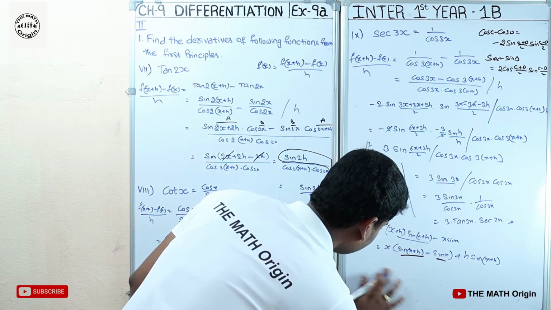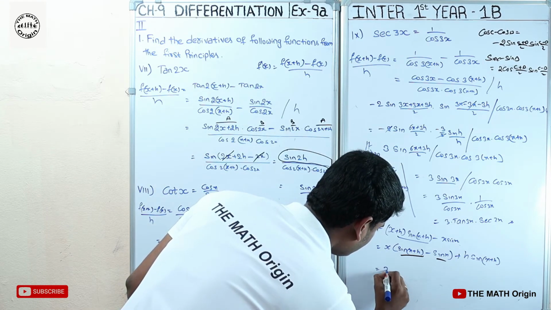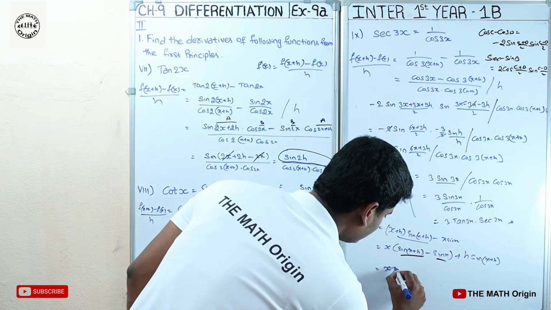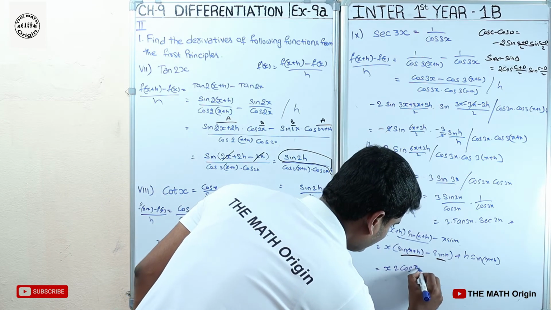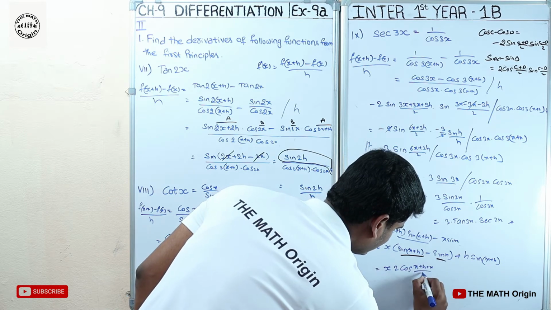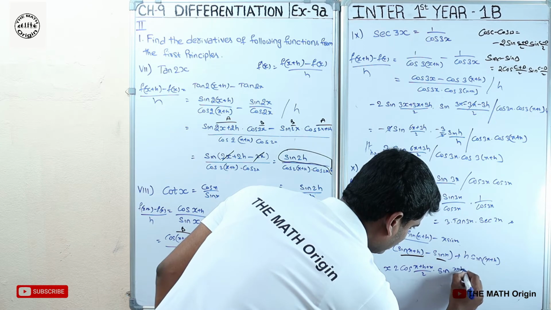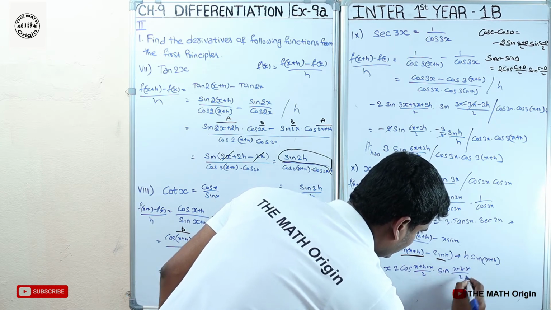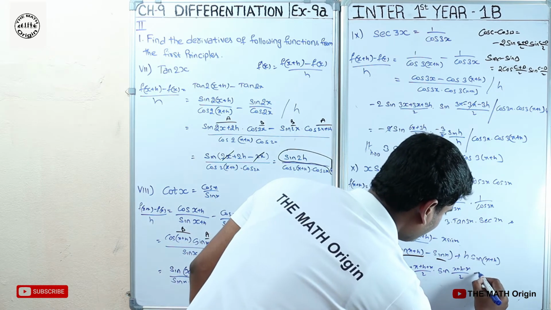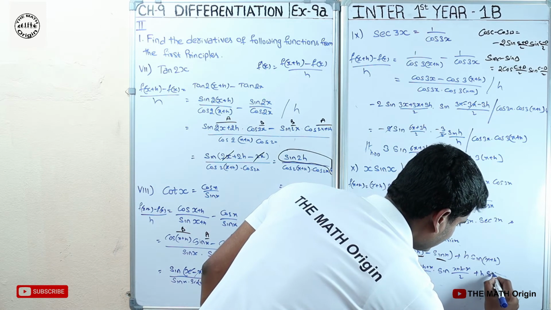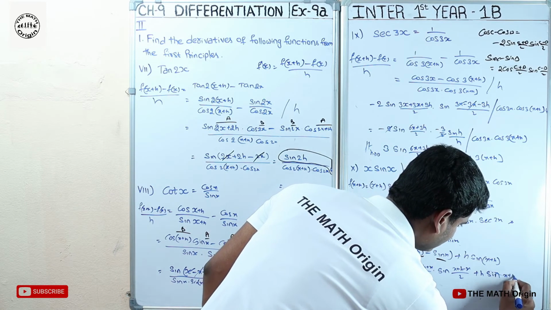Therefore, that is equal to x into sin c minus sin d, which is 2 cos of (x plus h plus x)/2 into sin of (c minus d)/2, plus h into sin (x plus h).